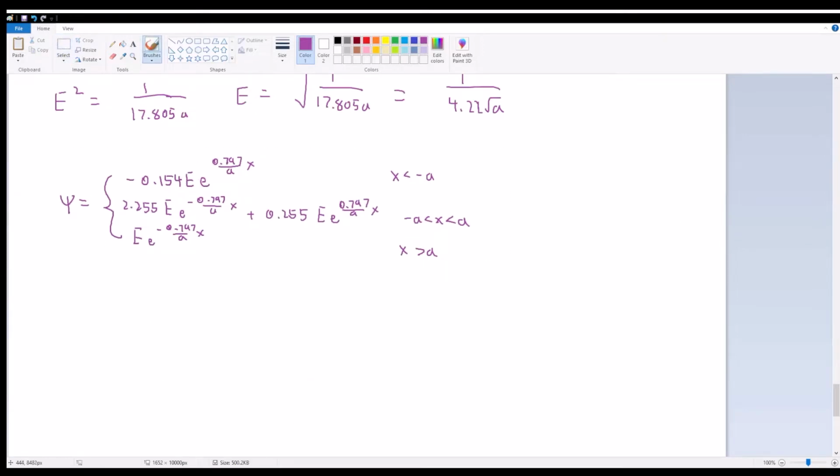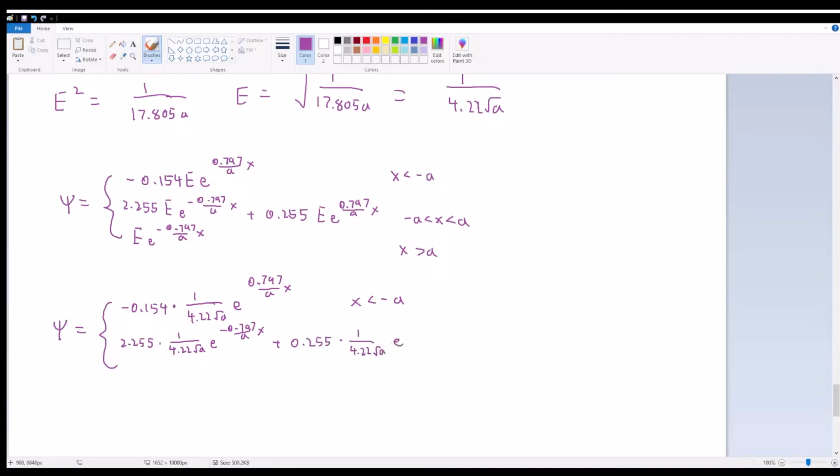And if we plug in e for everything, then psi is going to equal negative 0.154 times 1 over 4.22 root a times e to the 0.797 over a times x when x is less than negative a, 2.255 times 1 over 4.22 root a times e to the negative 0.797 over a times x plus 0.255 times 1 over 4.22 square root of a times e to the 0.797 over a times x when x is between negative a and positive a.